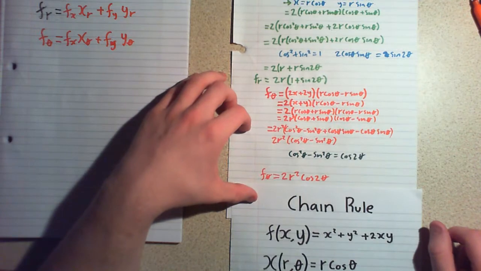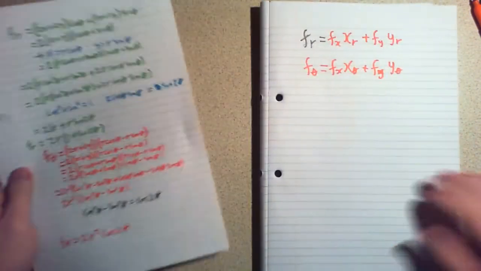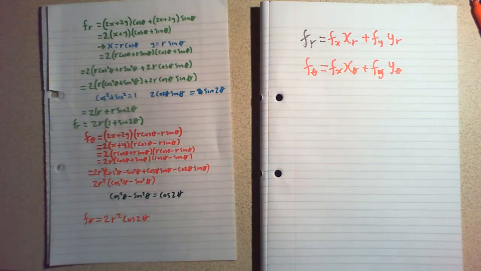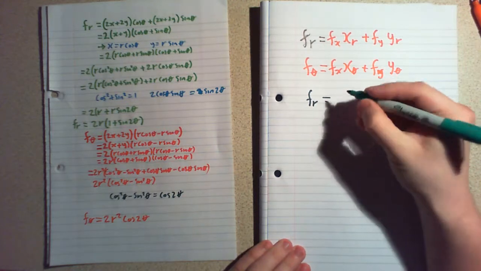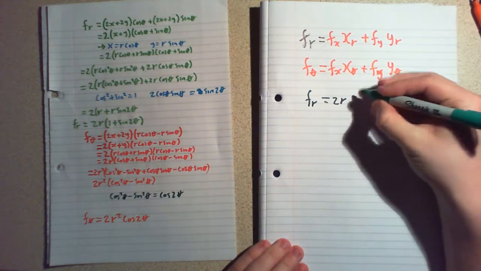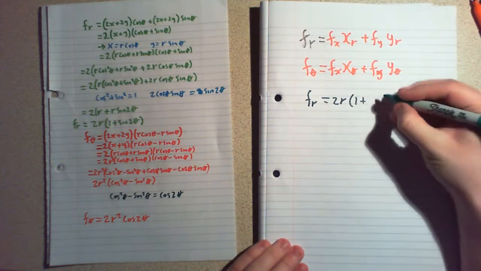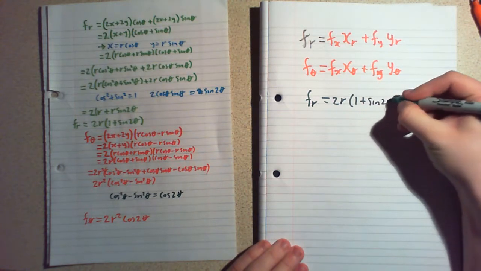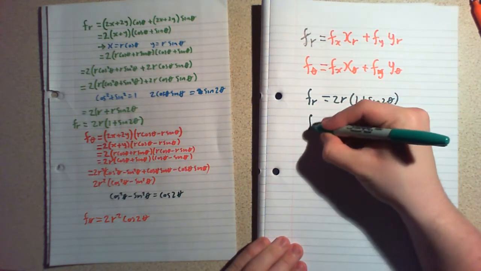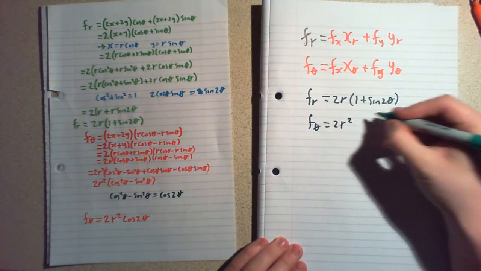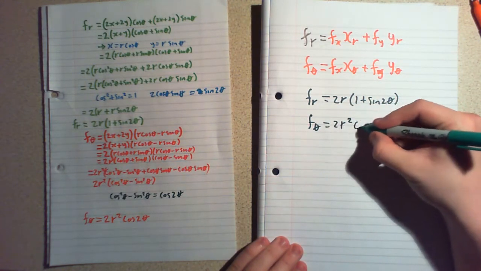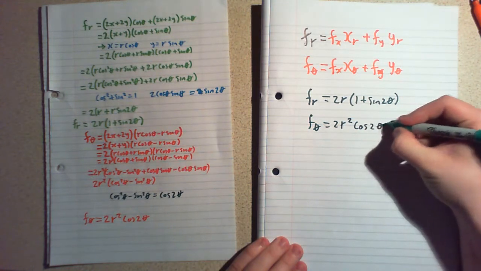And that's our result. So what we can find from this is that f with respect to r is equal to 2r(1 plus sin 2 theta), and f with respect to theta equals 2r squared cos 2 theta.